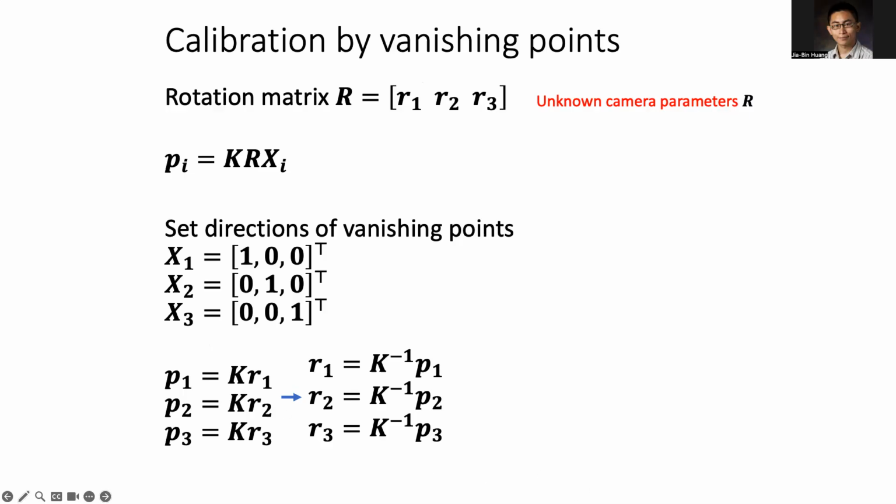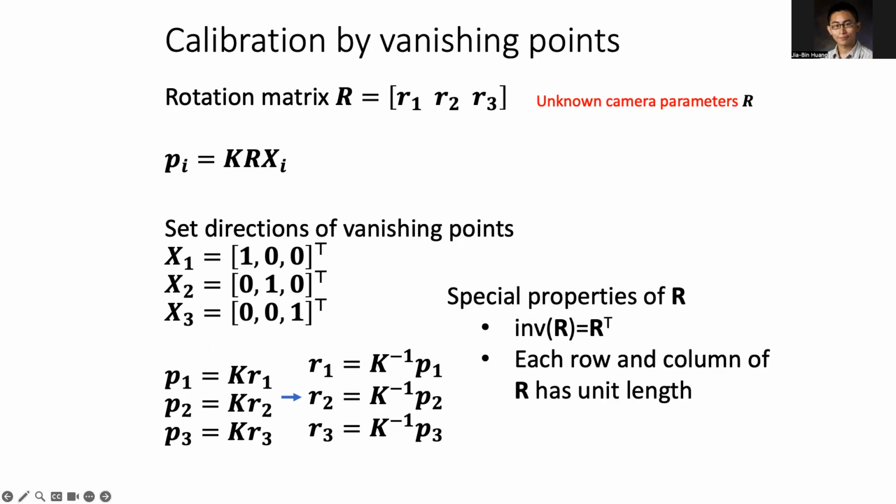Then you use the properties of the rotation matrix: each row has unit length, and they are orthogonal to each other. Then you can solve this. That's how you can use vanishing points to calibrate your camera.